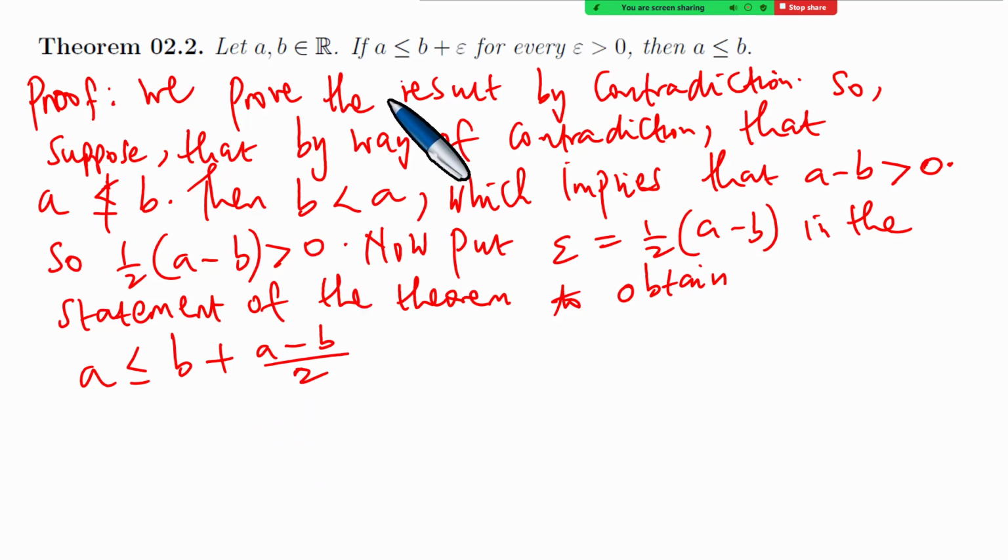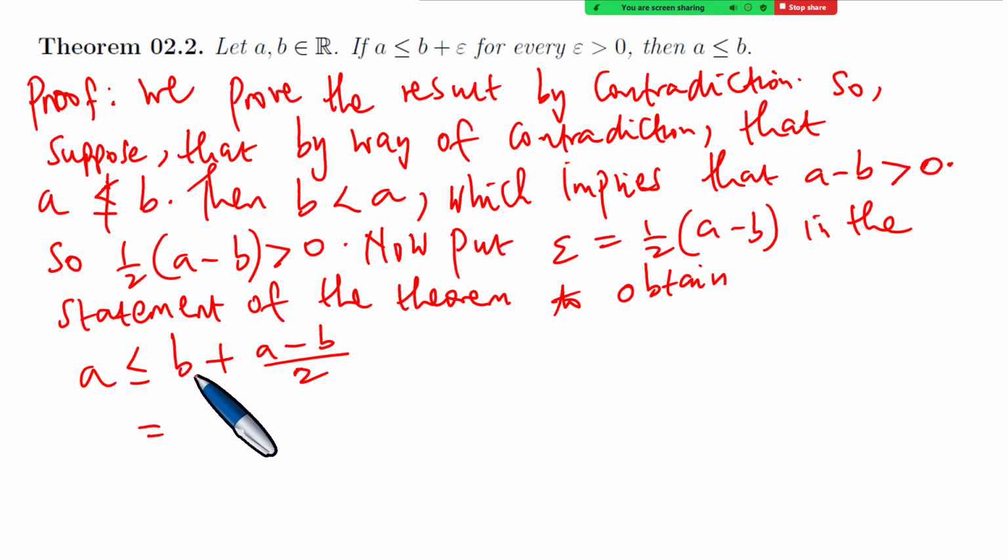Now we put in the statement of the theorem. The statement of the theorem is that A is less or equal to B plus epsilon. So in the place of epsilon, therefore, we actually would put the (A minus B) over 2. And then we are able to do algebraic manipulations.